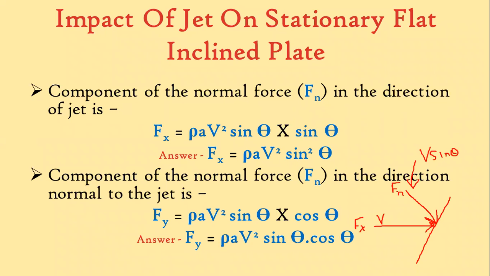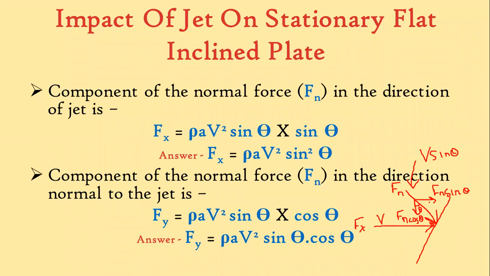Now this normal force, as it is meeting normally but in an inclined position, we can divide into two components, one vertical and one horizontal. This is the angle theta, and hence this is Fn cos theta, sorry, Fn sine theta, and the component next to the angle theta is Fn cos theta, sorry.